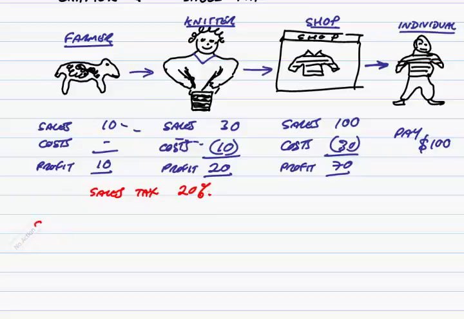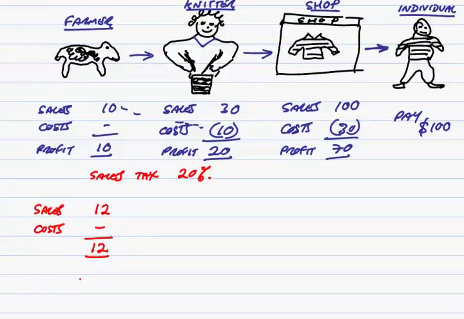So, first of all, the farmer. They would have sold for 10. Add on 20%, which is $2. They'll actually sell it for 12. The costs are 0, and so they end up with net cash of 12.